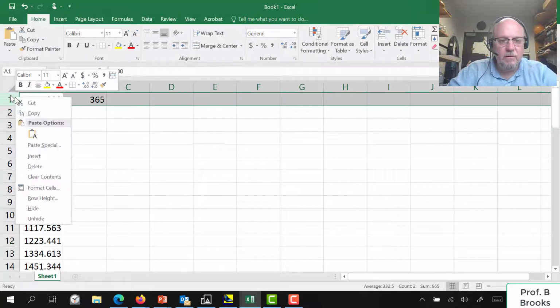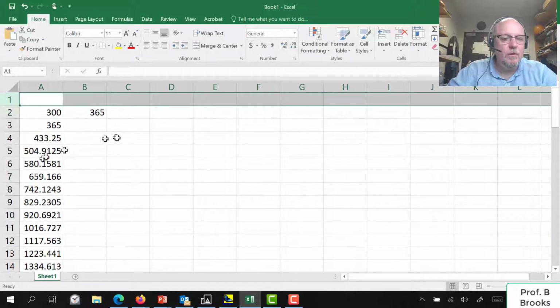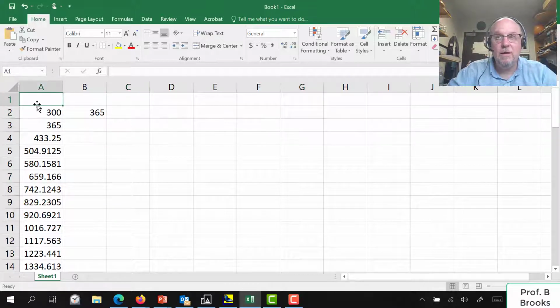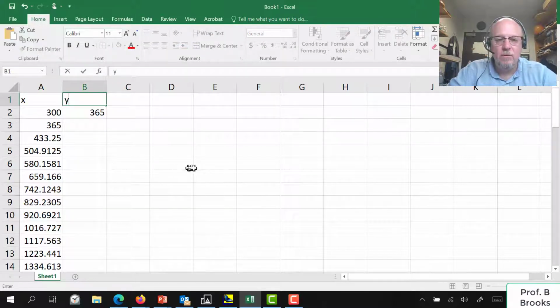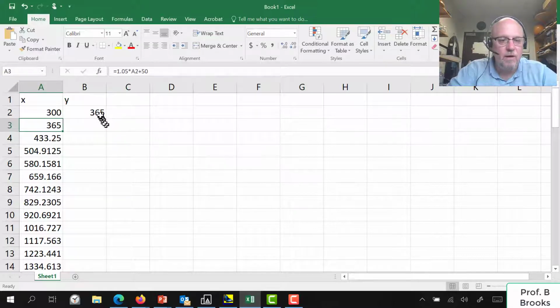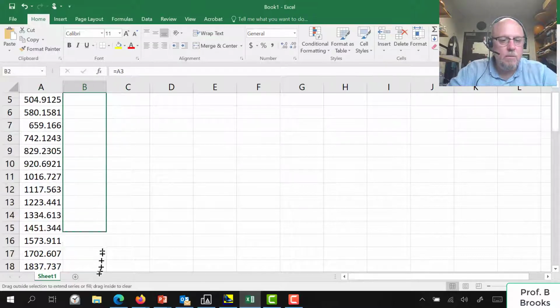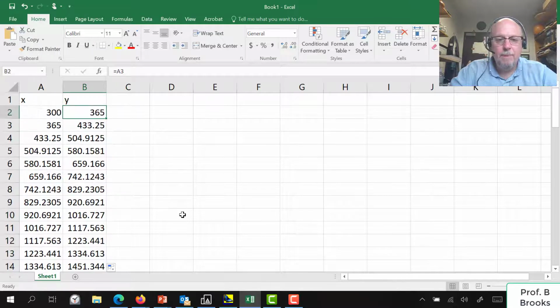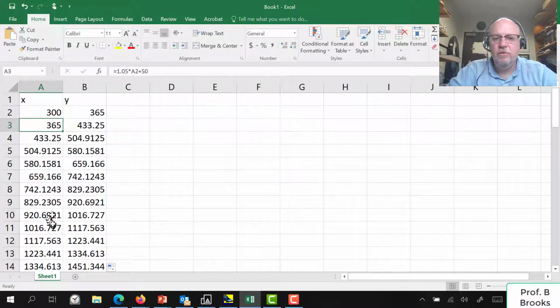So let's make this look more like we would have seen in elementary school, middle school, high school, wherever we do this. That would be the x value, and that would be the y value. The y value, of course, I'm just getting from the next value. So I'm using this series as both the x value and the y value.